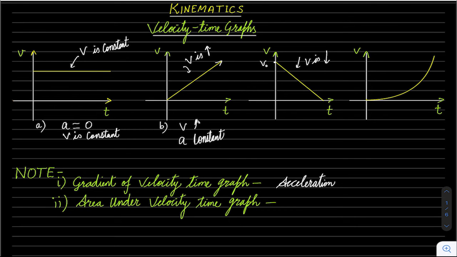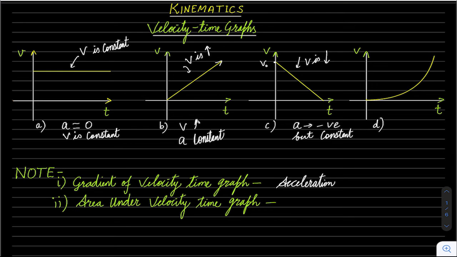In the C part, my velocity is decreasing and the gradient of this line is negative. Gradient negative means acceleration will be negative, but it will be constant because this is a straight line. For a straight line, there will be only one gradient. So that's the information that we can get from the third graph.